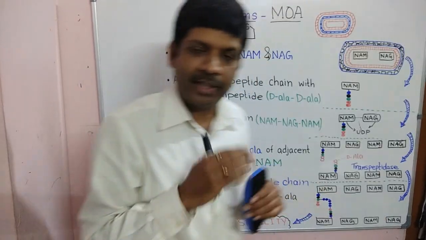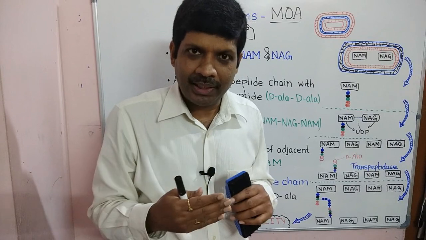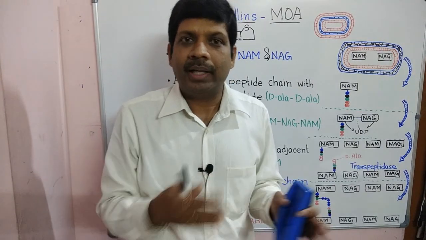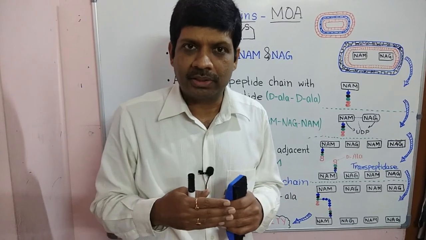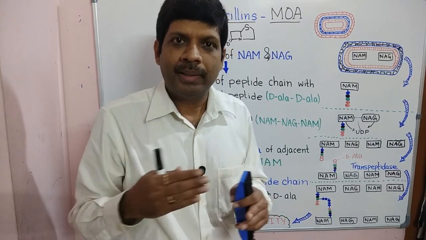The peptidoglycan layer is thicker in gram-positive bacteria, and these drugs are especially active on bacteria which rapidly grow or duplicate.